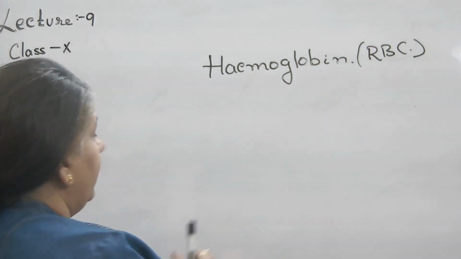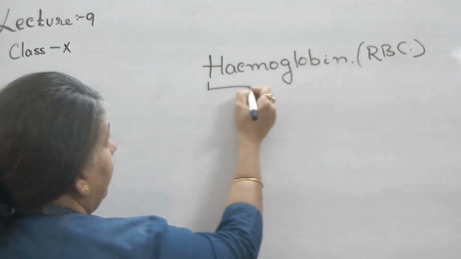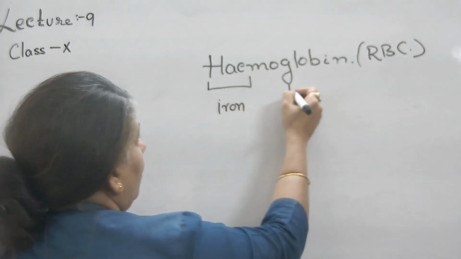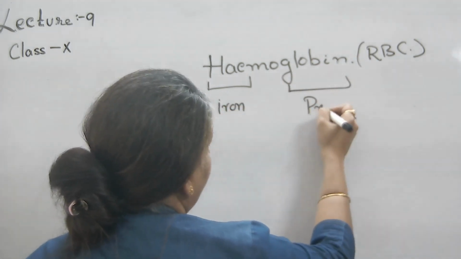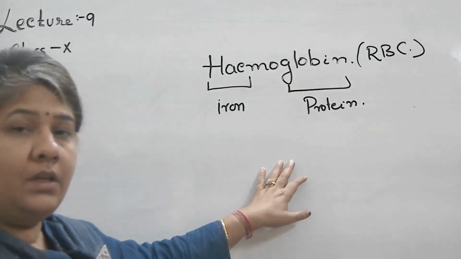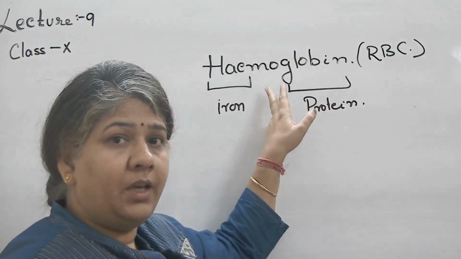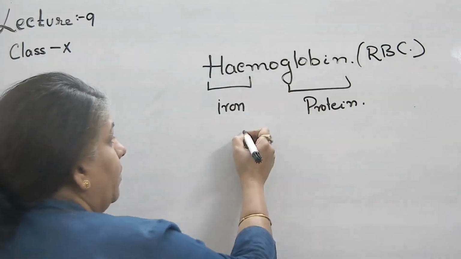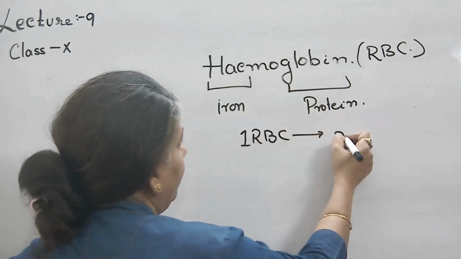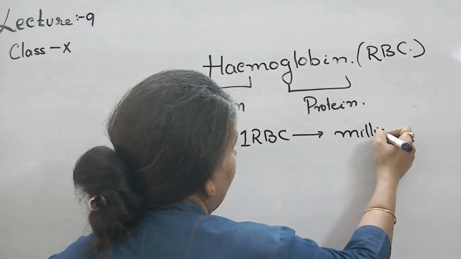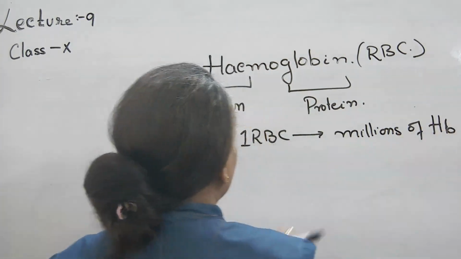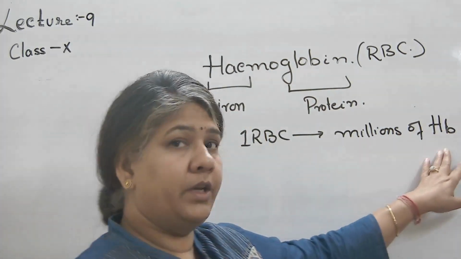This word is made up of two words. Heme means iron and globin means protein. So one RBC can have millions of these molecules. So one RBC will have millions of hemoglobin.